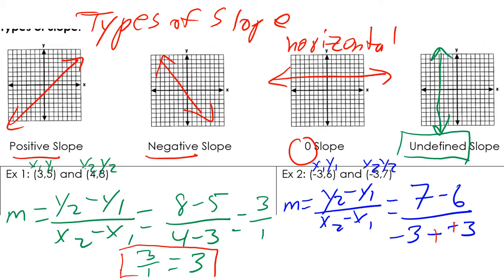Minus negative becomes plus positive, and then I get 7 minus 6 is 1, and negative 3 plus 3 is 0. When I get a fraction with 0 on the bottom, can I divide by 0? No, I cannot. This is our undefined slope. Whenever we get 0 in the denominator, our slope is undefined. The whole word. You have to write the whole word.